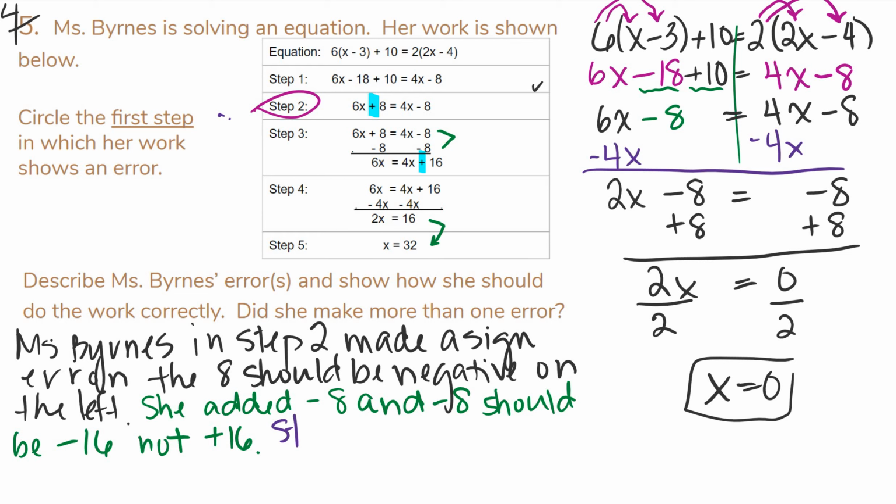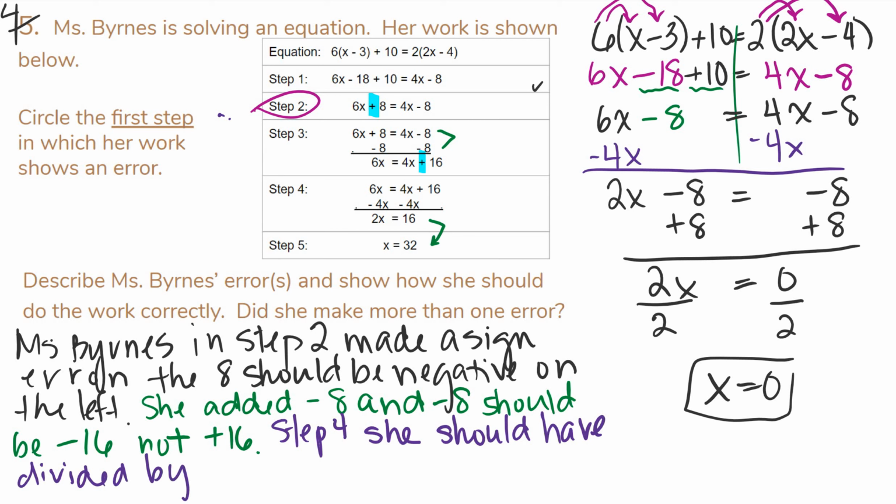Step 4, she should have divided, but she multiplied.